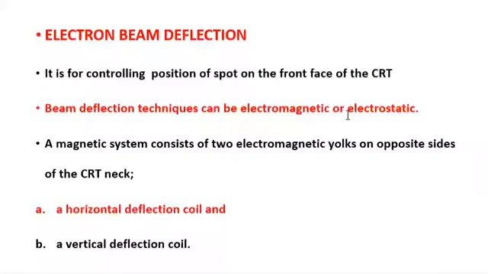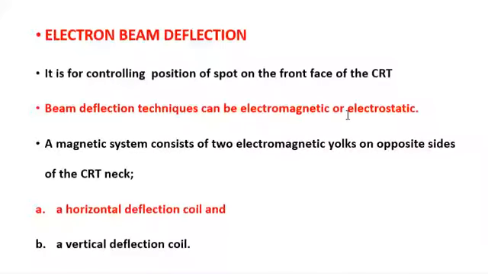The next item is electron beam deflection. To deflect an electron beam is just to control it in such a way that you can drive it from the source up to the front face on which the image is formed. And this beam deflection technique is divided also into 2.